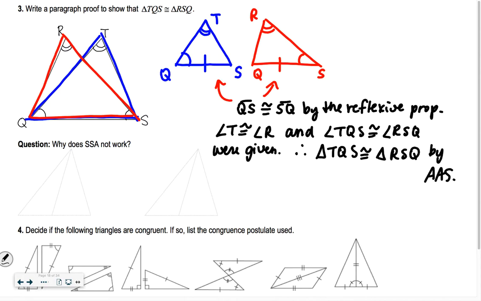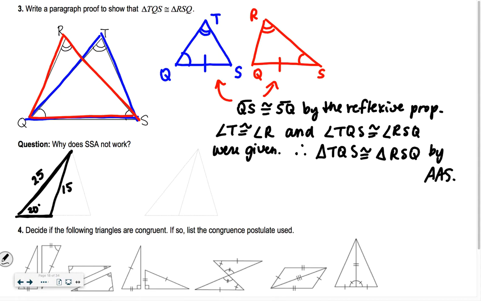I don't know if you guys can see the little light lines drawn in on your paper. Let's say this was 20 degrees, and then this was 25, and this was 15 for my lengths. Oh wait, I don't want 15 there. I want 15 on my other one. And 15. Does that make sense?